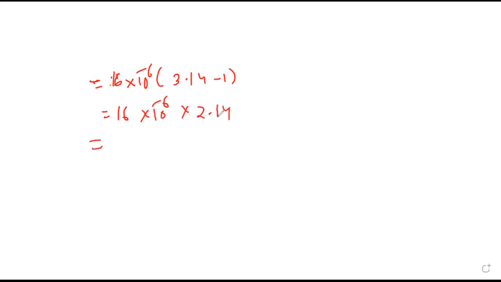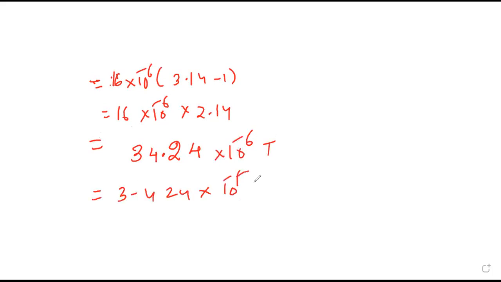So in brackets, 16 into 10 raised to minus 6 common, 3.14 minus 1, that is 16 into 10 raised to minus 6 into 2.14. 16 into 4, 64, carry 6, 16 and 6, 22, carry 2, 32 and 2, 34, with 2-digit decimal, into 10 raised to minus 6 Tesla. That is 3.424 into 10 raised to minus 5 Tesla.